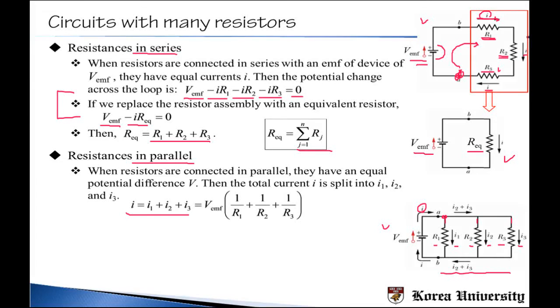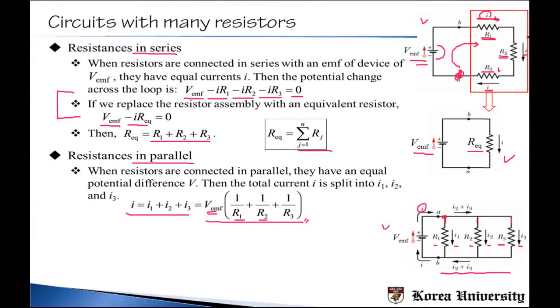So the potential difference across R1 will be equal to VEMF, and the potential difference across R2 will also be VEMF, and likewise the same goes for R3. Okay, so for each current, for example I1, it is equal to VEMF divided by R1, and I2 will similarly be VEMF divided by R2. So you can write the equation in this case. Okay, so it's not difficult, right?